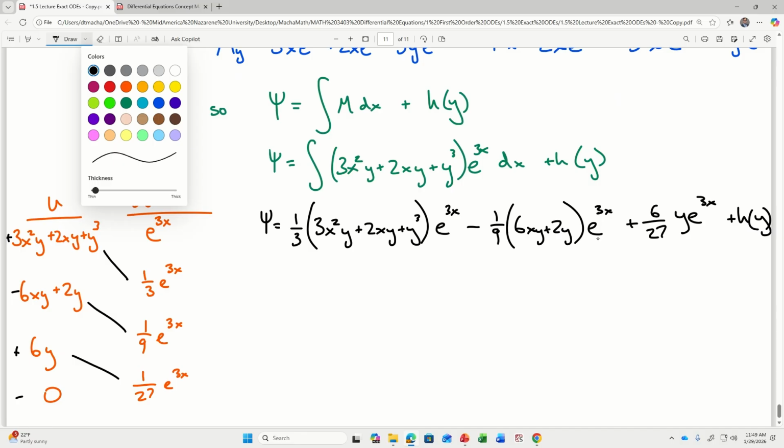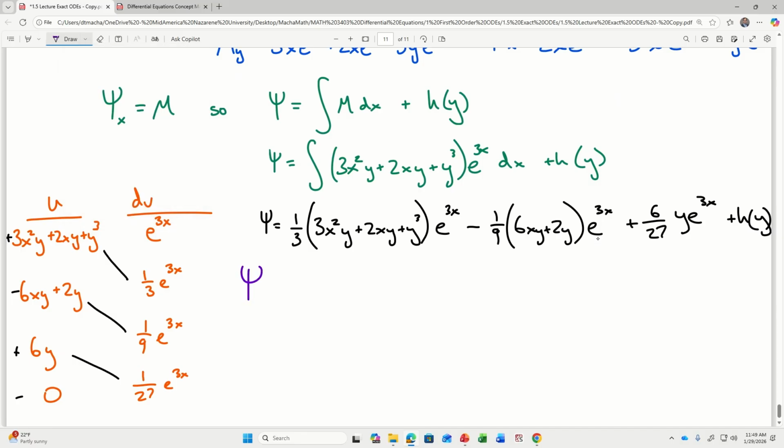And so we remember that the partial of psi with respect to y has to be n. And so we're going to have to take the partial derivative of all of this junk with respect to y and set that equal to n.